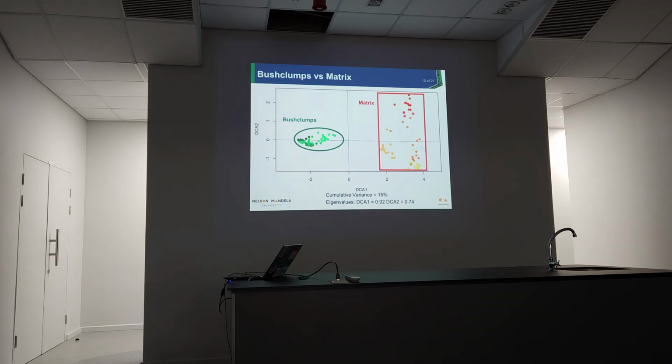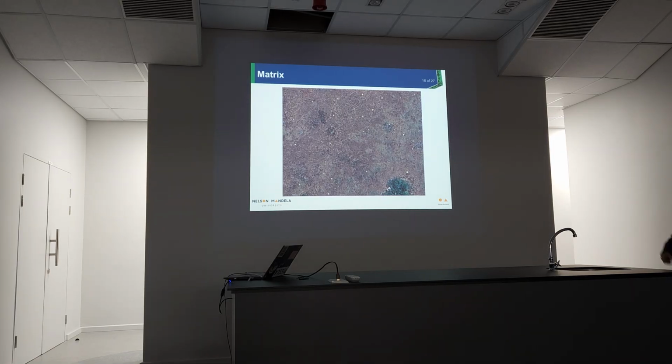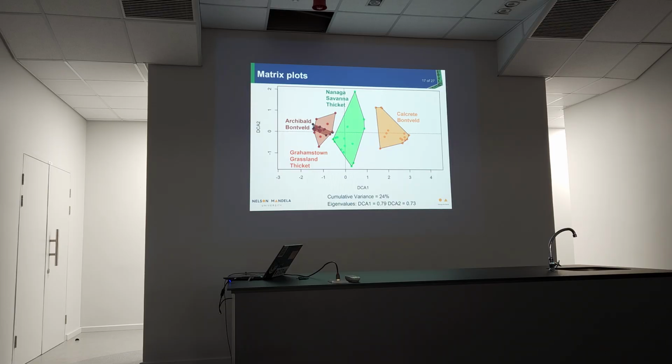And just to prove to you that the bush clumps and the matrix have nothing to do with each other, as I always do at Thicket Forum, the same applies here. So let's start with the matrix. This is what we expect to be very different, and to a large extent it is.